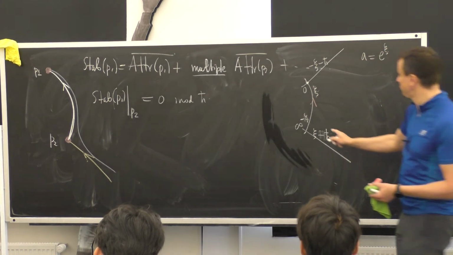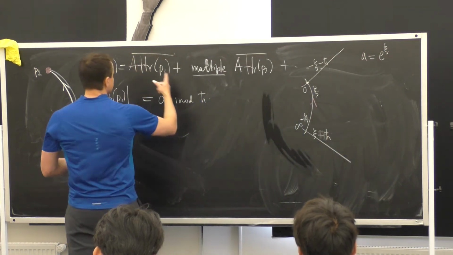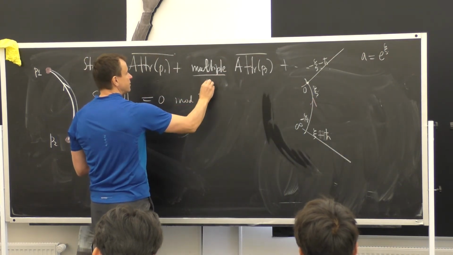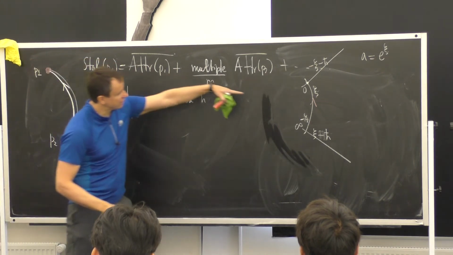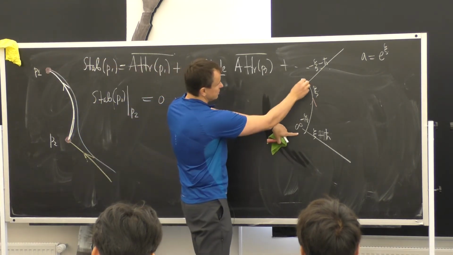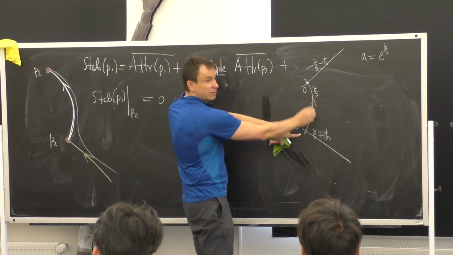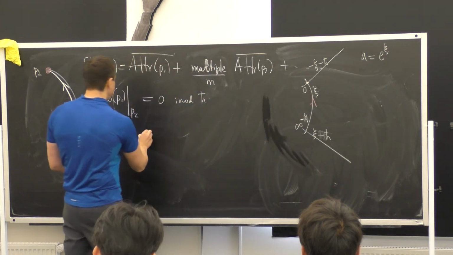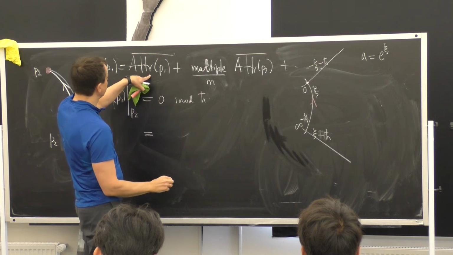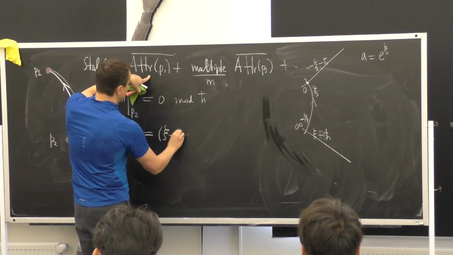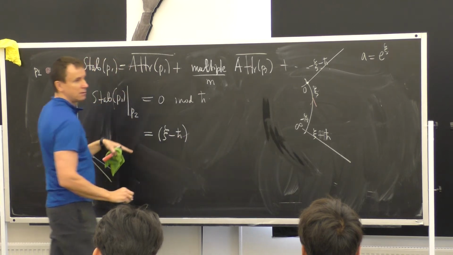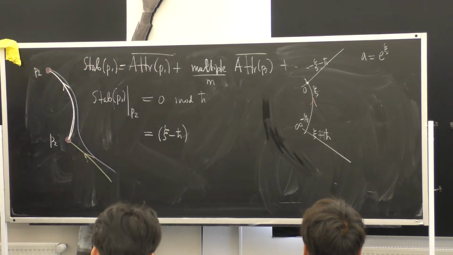So now if we compute this, maybe denote the multiple m, then the attracting manifold of P1, the closure of that, is just P0, that's this P1 itself. So that would be, in my computation here, psi minus h bar.